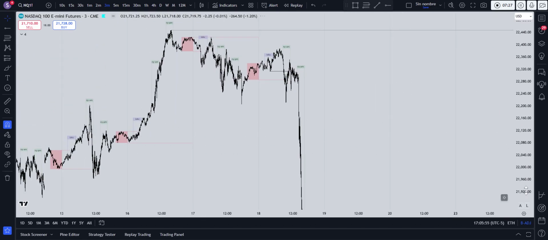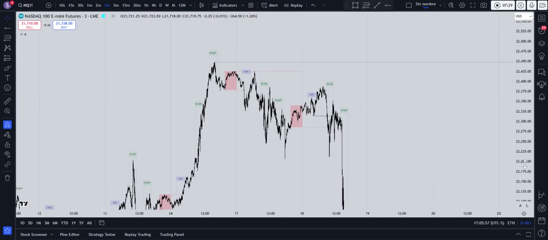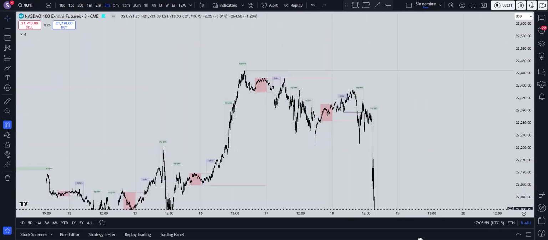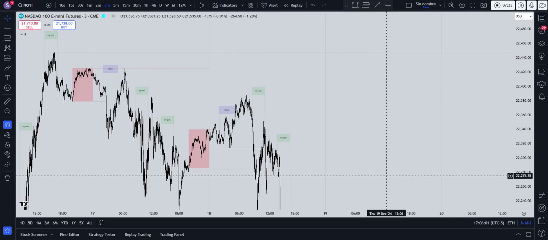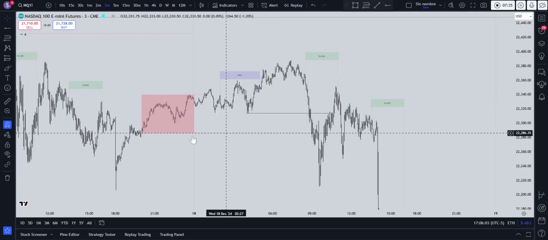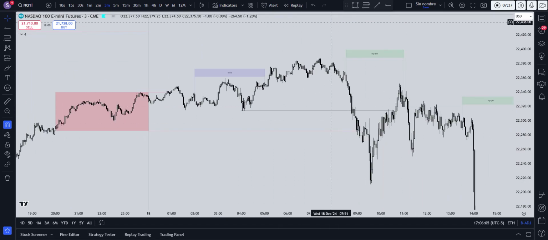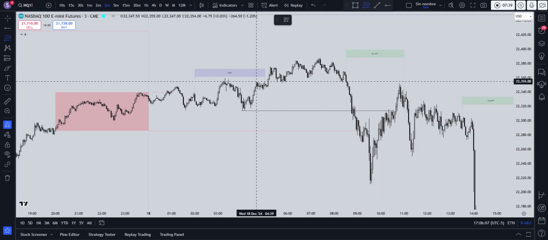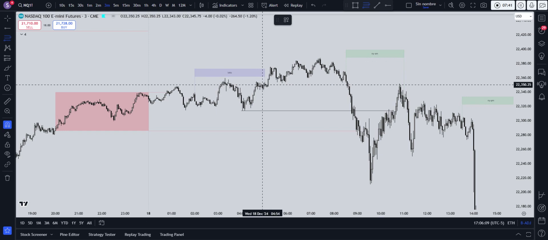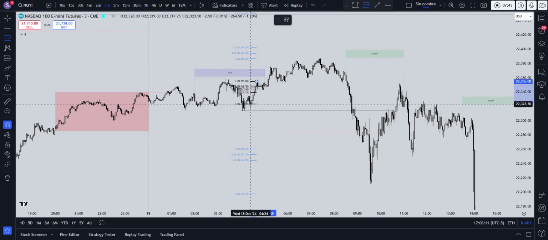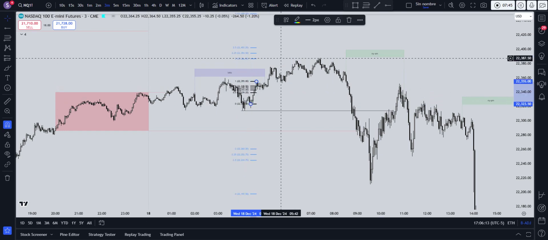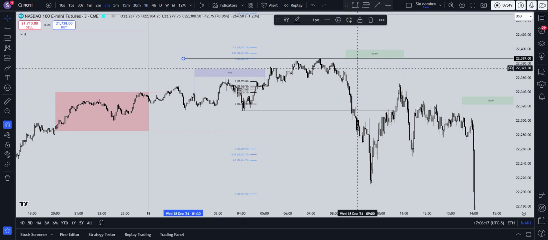And then this day, you could have also caught this huge sell-off just using standard deviations. Let me show you. As we said, just use this last swing. Let me put this last swing to here. As you can see, we touched the 2 point mark right there.